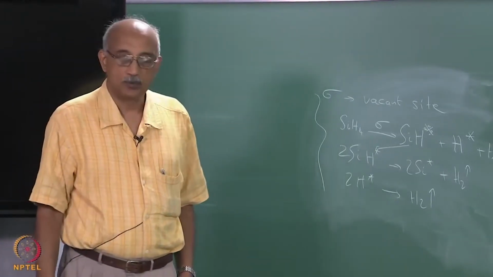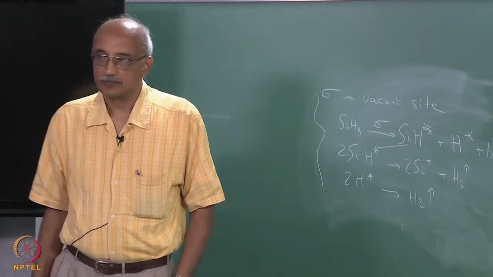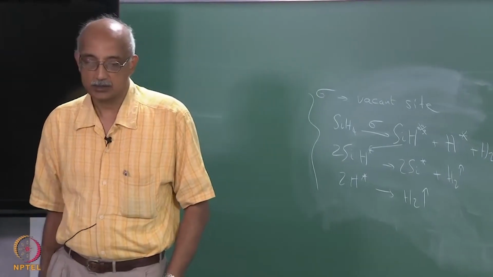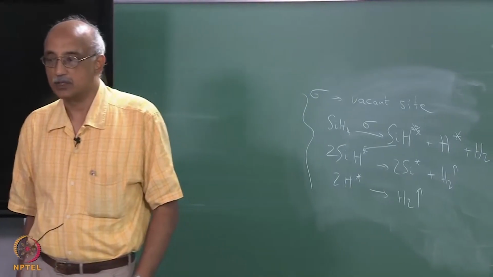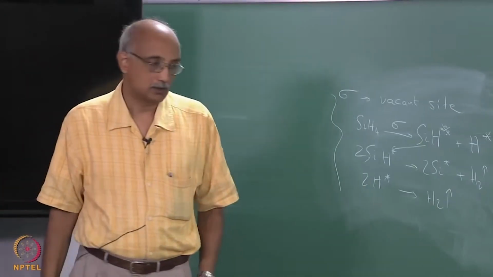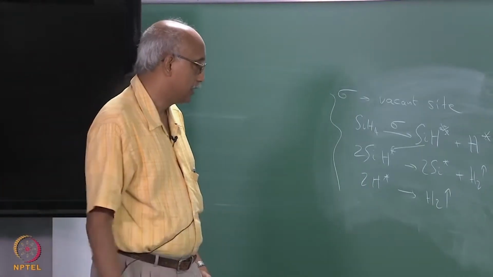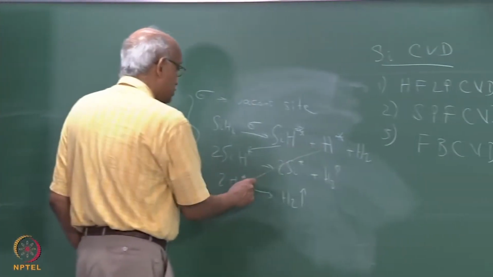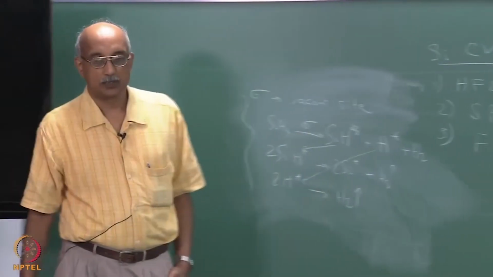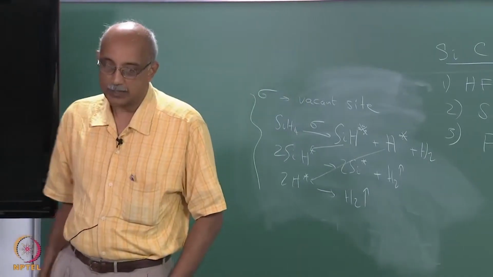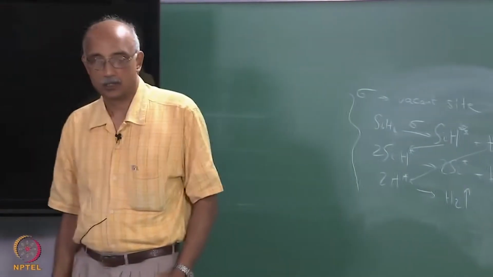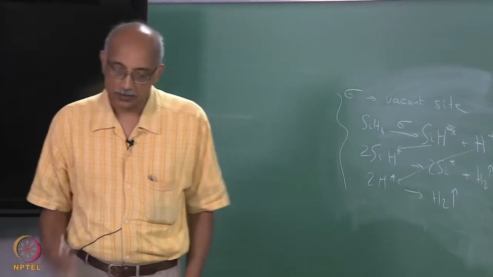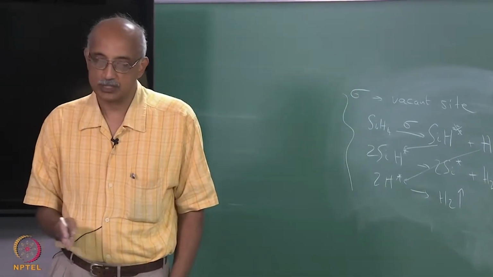The adsorbed molecules have to migrate, find each other, and cause the ejection of the H radical or H ion as a H2 molecule. And similarly, two adsorbed hydrogen radicals finding each other and becoming gas phase hydrogen. So, this is essentially a surface diffusion step.